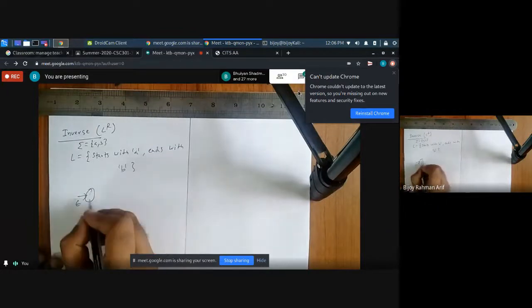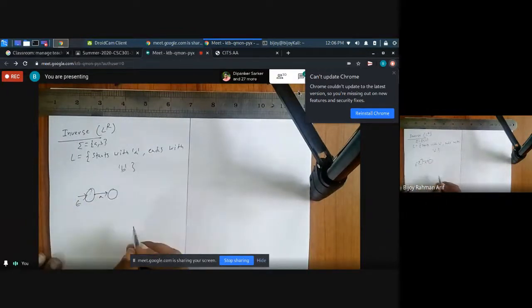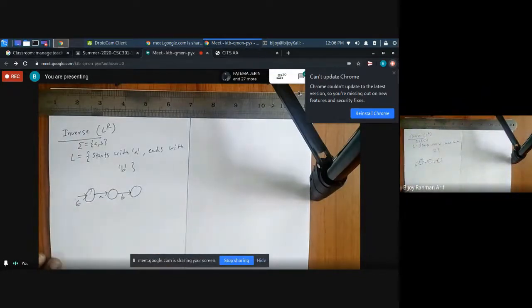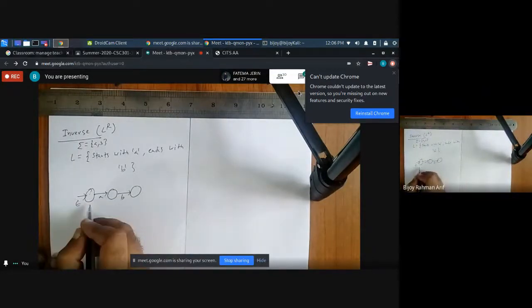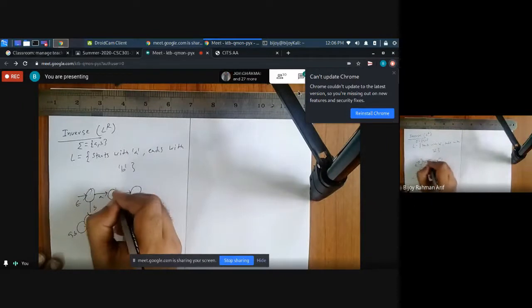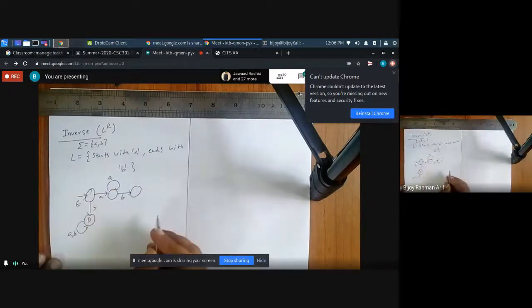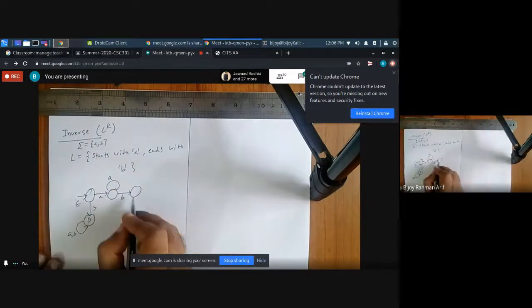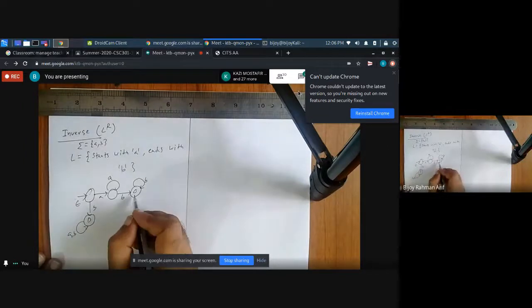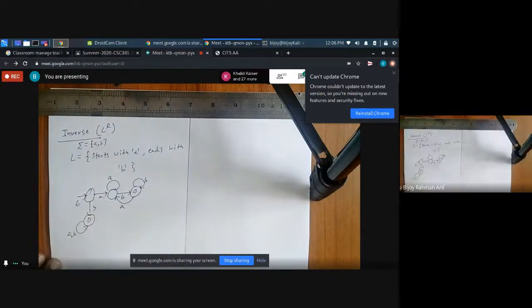Starting from epsilon, if I get A, I would go here. If I get a B, I should accept. That is my skeleton. Initially, if I get a B, then I would be in the dead configuration. Here, if I get more A, I don't care. I should wait for B. After going here, if I get more B, I still end with B, so I'm in the final state. After going to the final state, if I get A, I should wait again for B, so I would remain here. Did you get it?